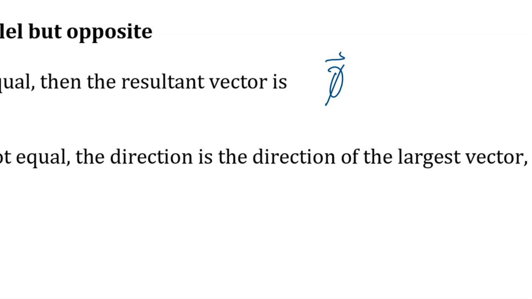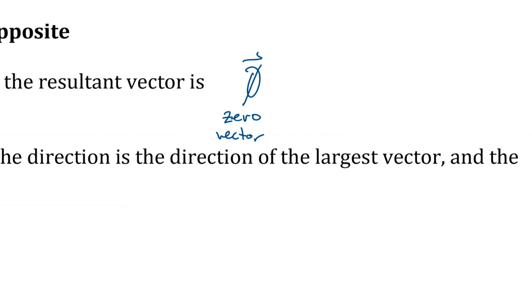The number 0 is a scalar, and the 0 vector is a vector. And this might seem like one of those picky things, but hopefully you've learned by now that these picky things matter a lot moving forward. So this is the 0 vector. Okay. It has a magnitude of 0. And it has no direction.